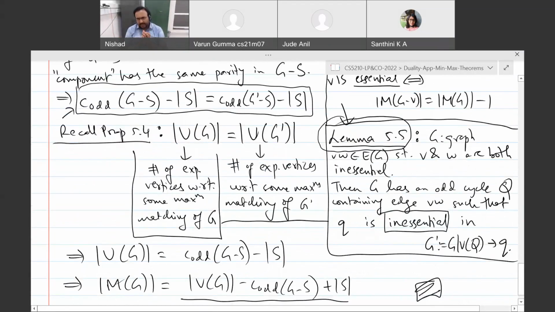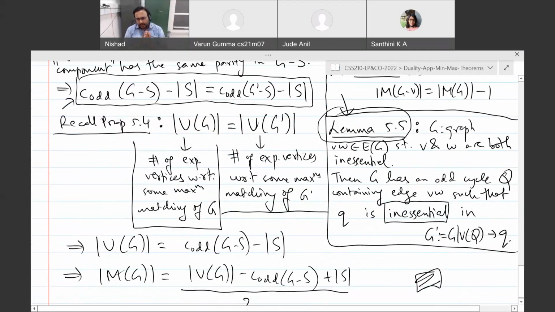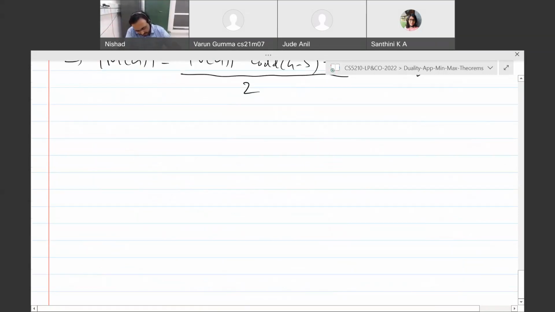We have a graph G, and we have these two vertices that are both inessential, and there is an edge joining them. We want to prove that there is an odd cycle containing this edge. And then we want to show that the small vertex Q is inessential in the graph after shrinking this odd cycle. Okay, so let's quickly prove this lemma.